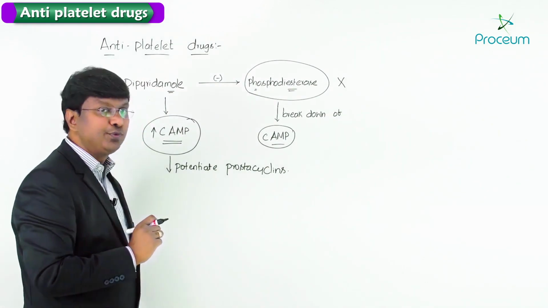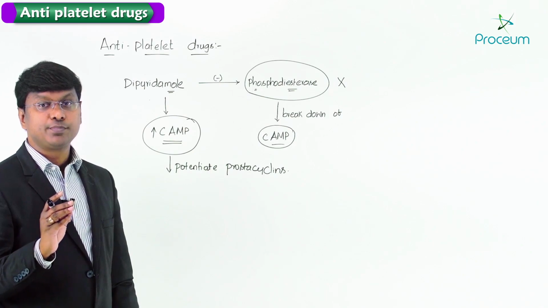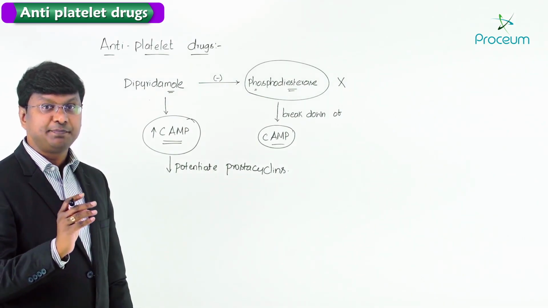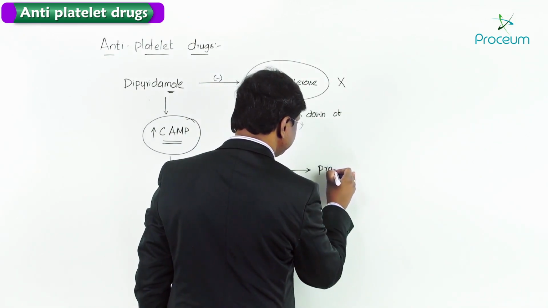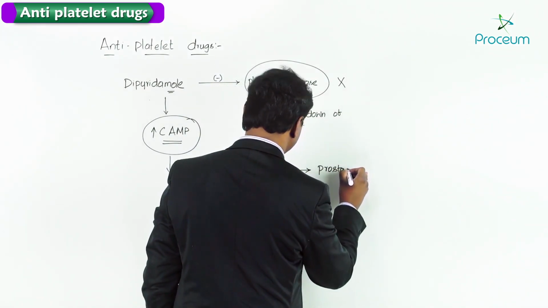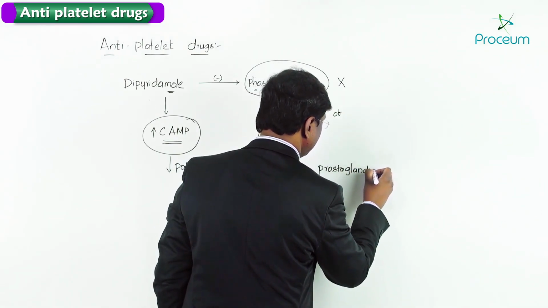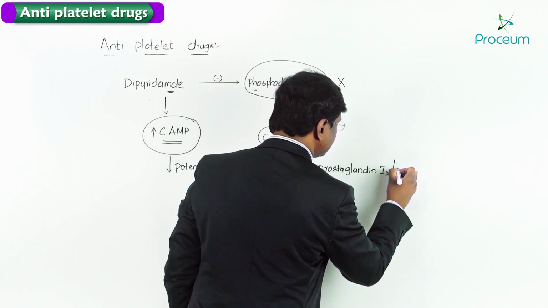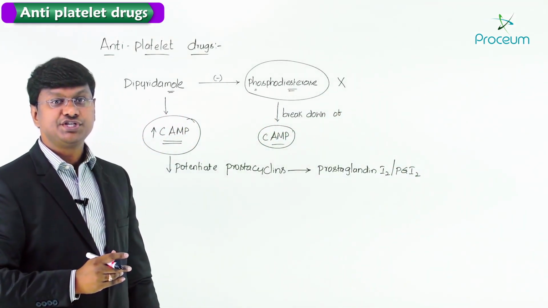Now let me tell you a few points related to prostacyclin. Prostacyclin is also called prostaglandin I2 or PGI2.